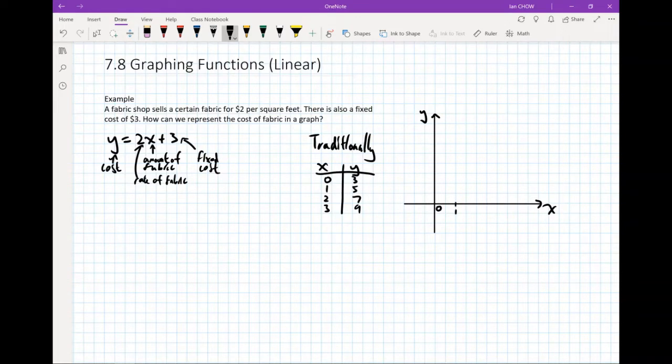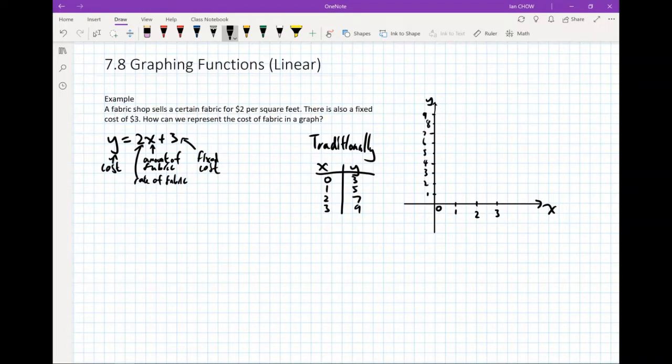Let's say that this is 1, this is 2, this is 3. And for our y, because we have to go all the way up to 9, let's do 1, 2, 3, 4, 5, 6, 7, 8, and I ran out of space, so I need to go up a little bit. 9 over there.